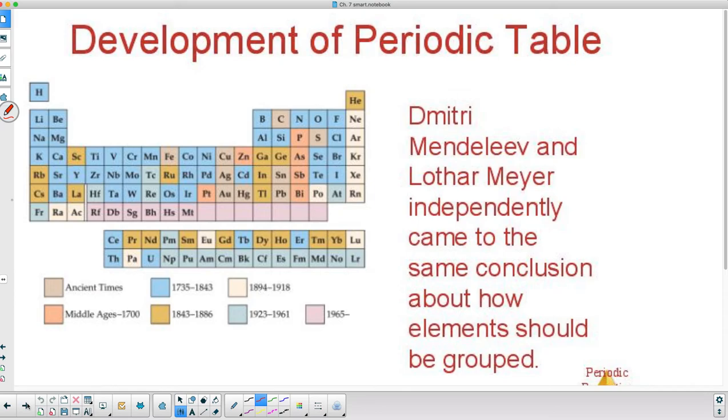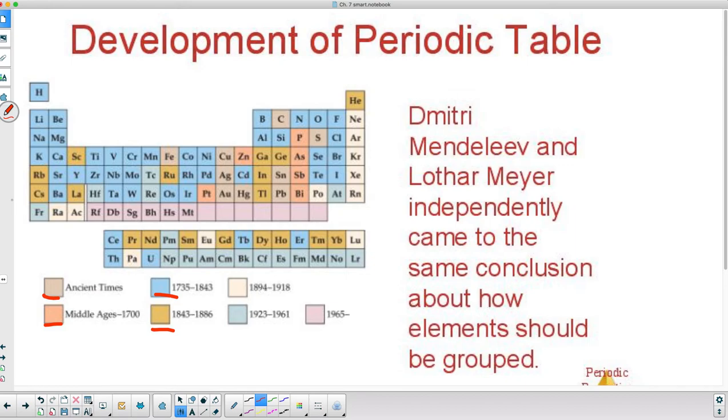So anyway, most of the blue and then the darker gray elements they knew about, and only these were brand new. Those they knew about, those they knew about.